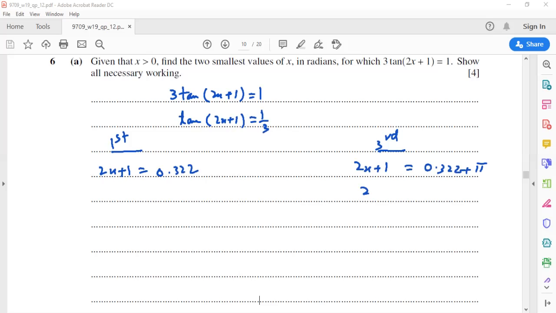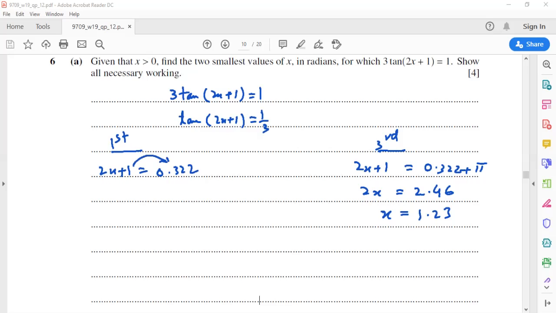So when you simplify, 2x is equal to pi plus 0.322 minus 1, and it becomes 2.46. Dividing by 2, we get 1.23.